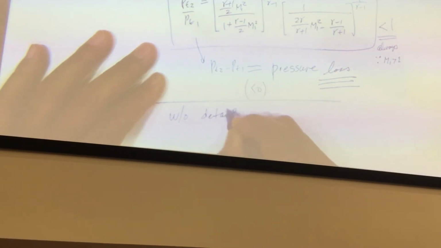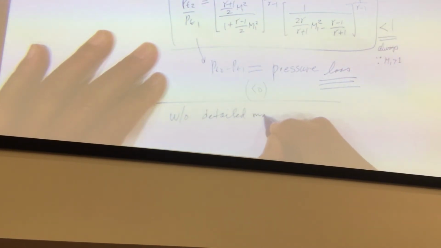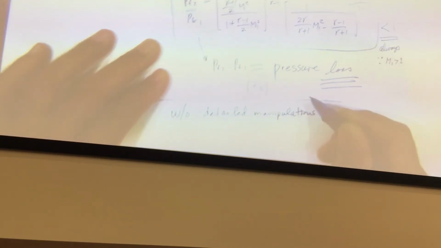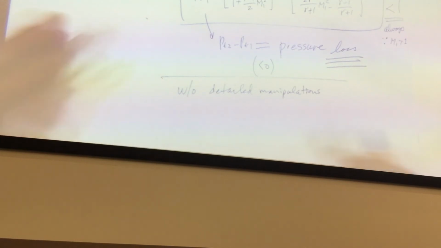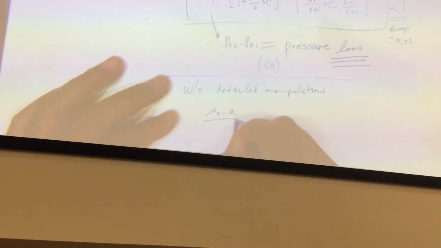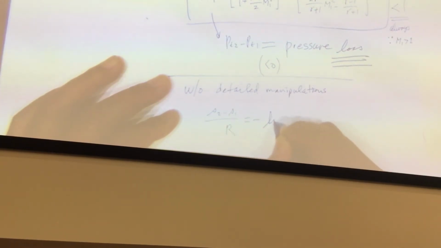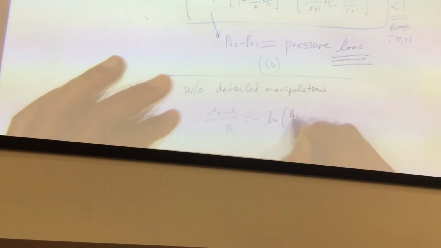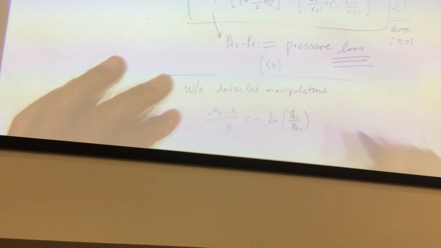S2 minus S1 over R is equal to minus log PT2 over PT1.